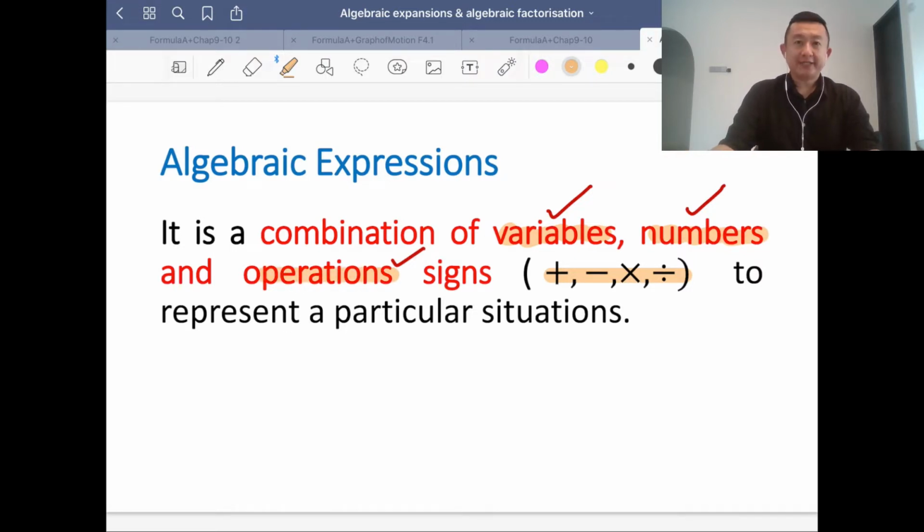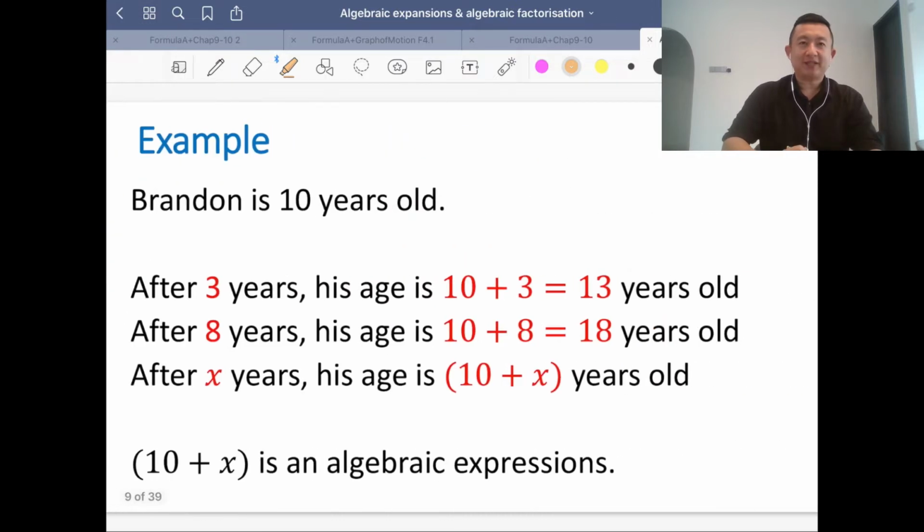I give you an example to represent a particular situation. For example, Brenton is 10 years old now. After 3 years, his age will be 10 plus 3, 13, right? Simple calculations. If it's after 8 years from now, that will be 10 plus 8, 18. How about after X years?